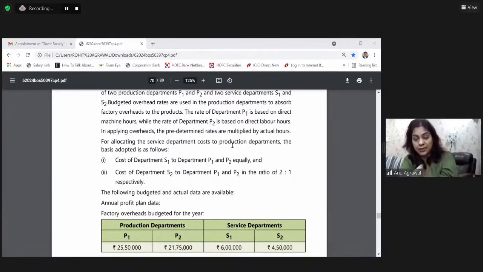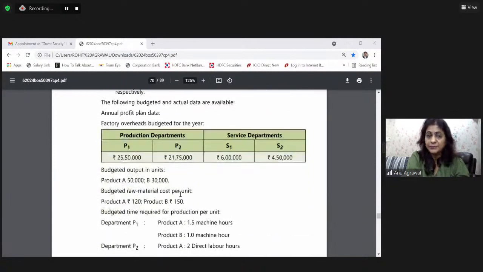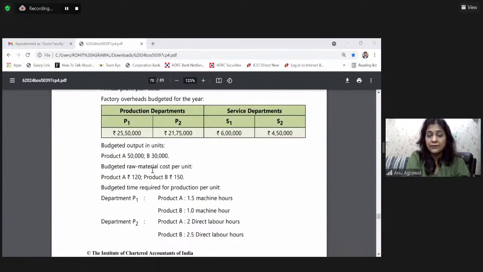We always calculate a predetermined rate, and then multiply by whatever we actually do. They have also told us how we are going to divide the expenses of the service department. We have the production department and the service department, and they have already divided the overheads for us. So that work they have already done for us.